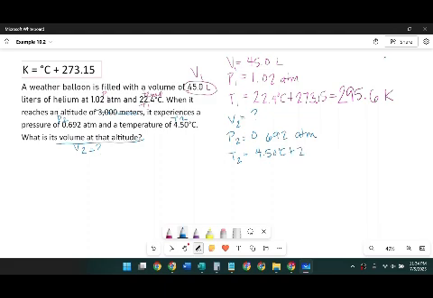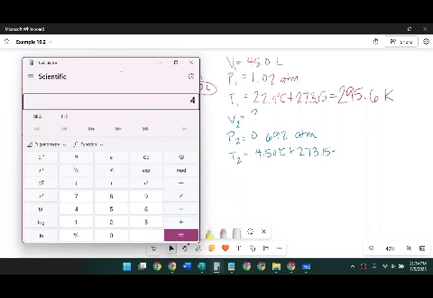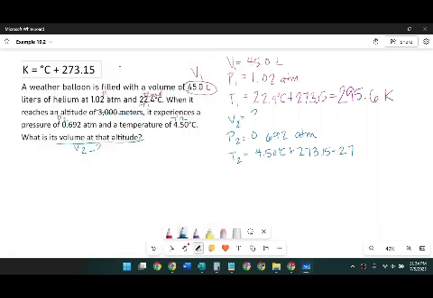And again, we know that we have to put everything in Kelvin to use any of the gas law equations. So let's go ahead and convert that. So 4.50 plus 273.15. And this one we actually have to keep both decimal places because the 4.50 had 2 decimal places. So that'll be 277.65 Kelvin.